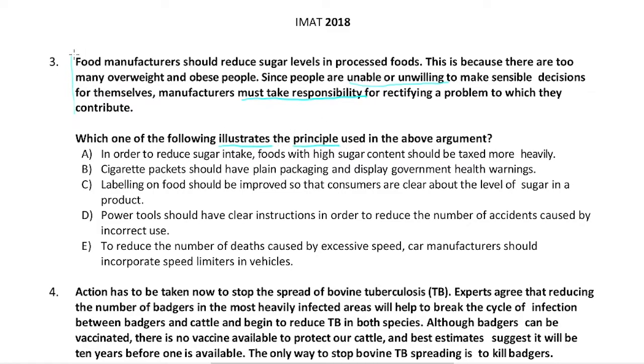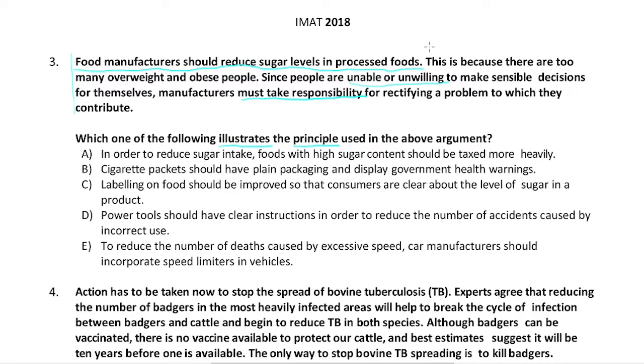So first, let's understand what the author thinks about food manufacturers and the sugar levels. Right from the start, food manufacturers should reduce sugar levels in processed foods. This is actually the conclusion.